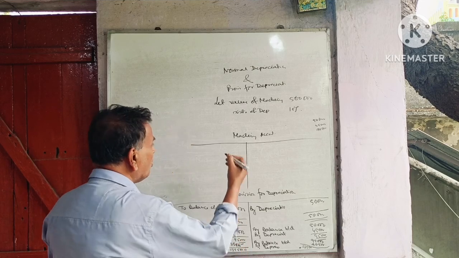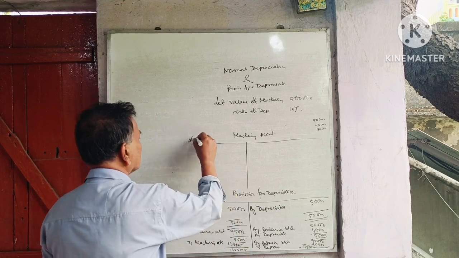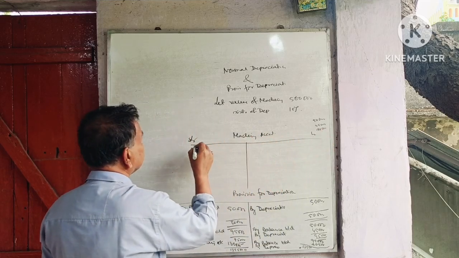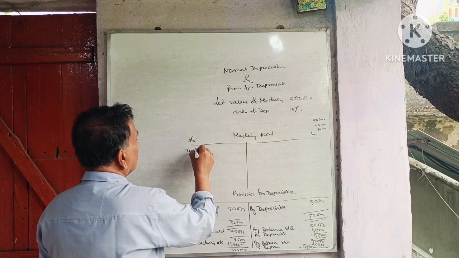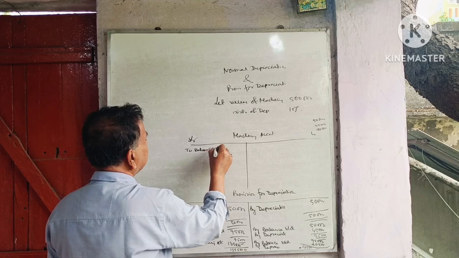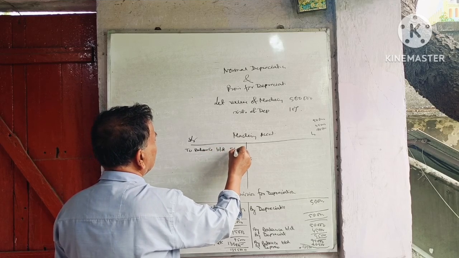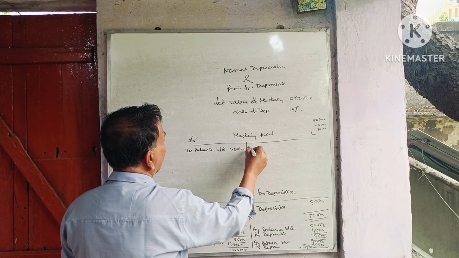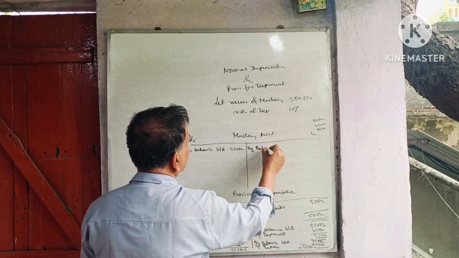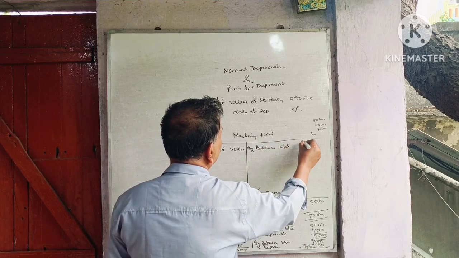1,35,500. Now go to machinery account. To balance BD, 5 lakh. By balance CD, 5 lakh.